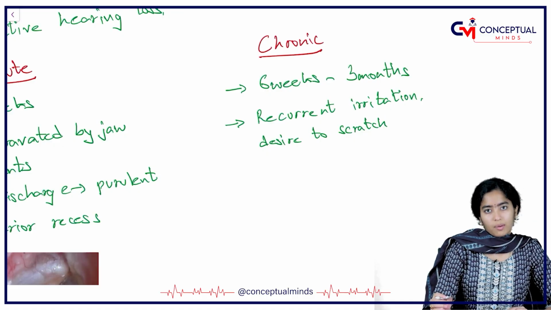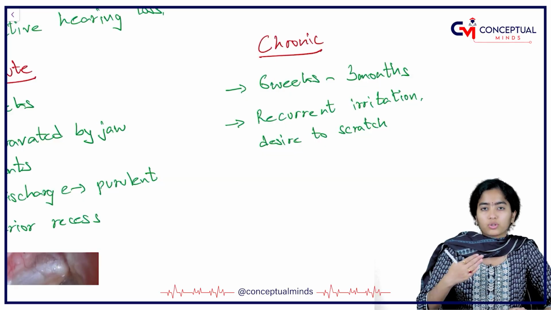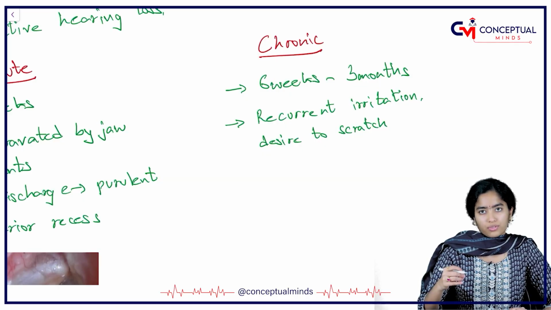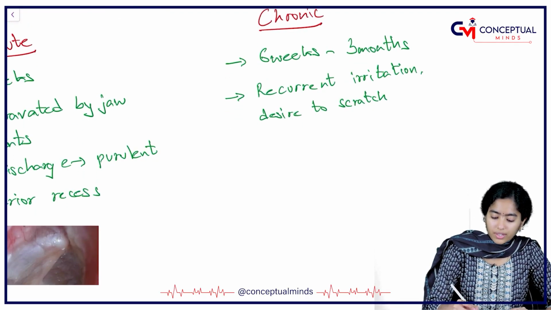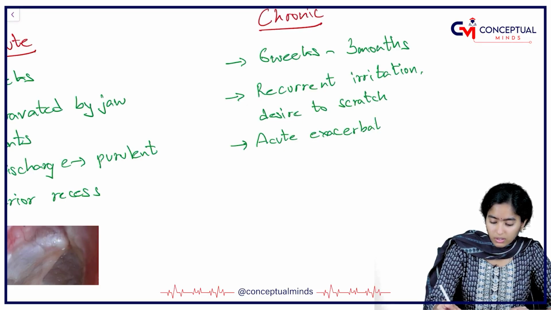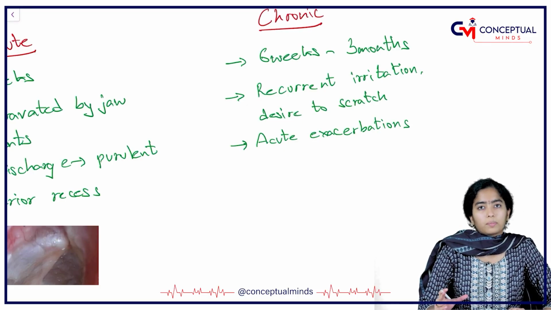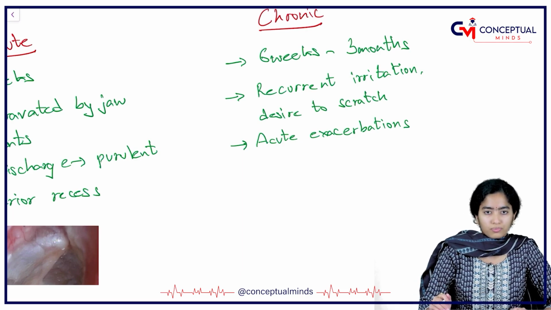Because of this, the moment it is healing, again the patient would scratch, introduce infection or make it raw and predispose to infections, and again the cycle continues, and whenever there is an infection again, that will lead to acute exacerbations of the disease. It is always swollen, and in between there are acute exacerbations where there is an increase in pain and also discharge.